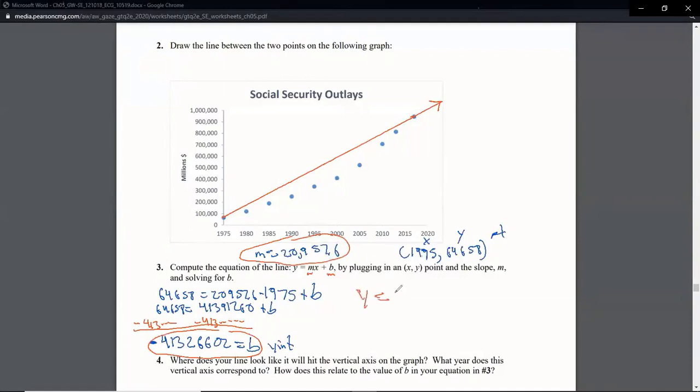So it's y equals 20,957.6x minus 413,266.02, which is 41,326,602. Now again, that is actually in millions, so if it's in millions, we're adding on a whole set of 3 zeros. So that's representing 41 trillion in a negative aspect. Everything is in millions of dollars.